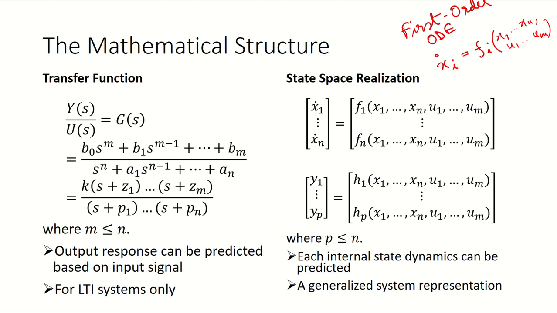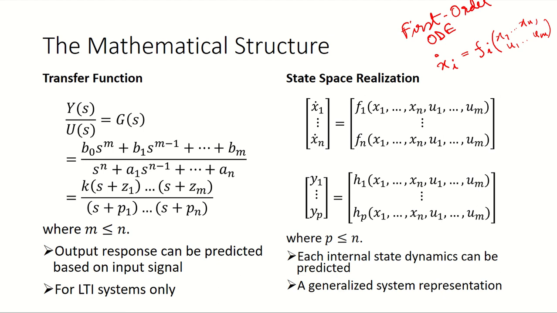For some specific systems, this function might not contain all the states and all the inputs as arguments, but in general it is always possible that the dynamics contain all the states and all the inputs as arguments.